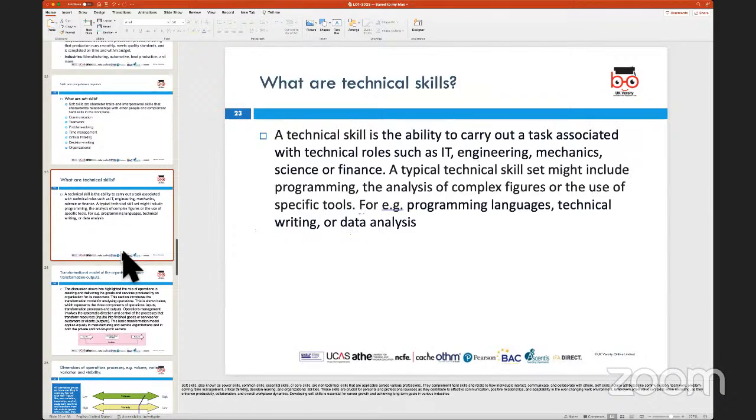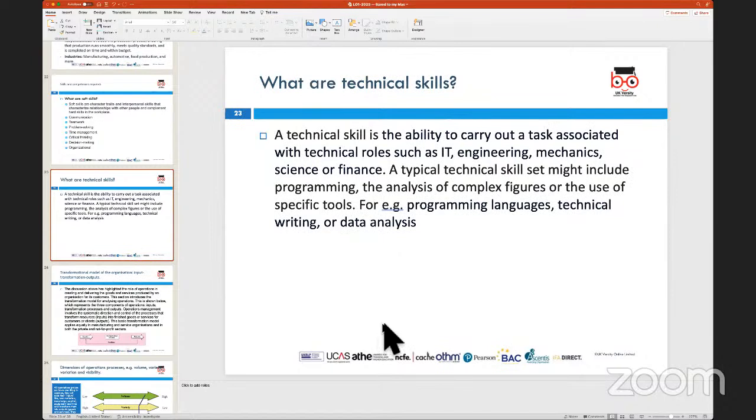Now, technical skills tend to be skills that you acquire by learning something, or through the academic side of things, such as degree qualifications.